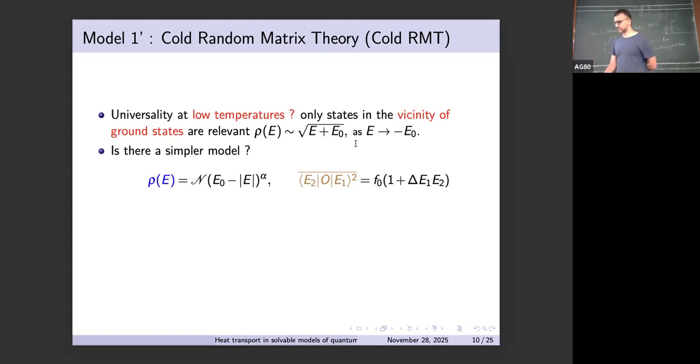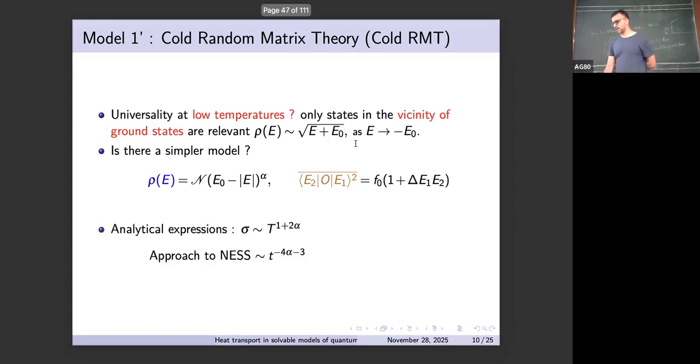But anyway, we just write this model down and we could ask what happens. And this is just as we were saying, the conductivity goes like a power law, which depends on alpha. Approach to NESS also goes like a power law. For alpha equal to half, it of course matches the random matrix theory.